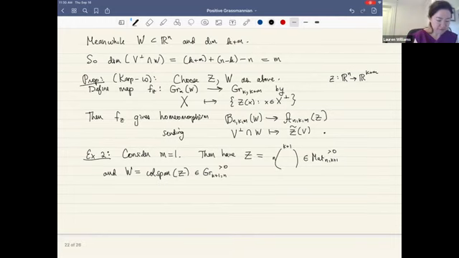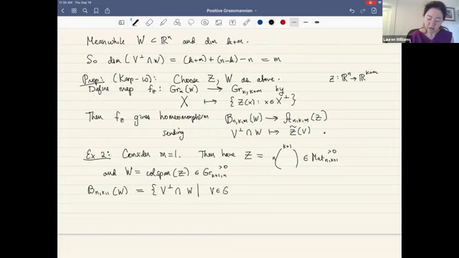And now, what's our definition of the B amplituhedron? Well, this is just the set of all things of the form V perp intersect W, where V ranges over all elements in the non-negative Grassmannian. And this lies inside the Grassmannian of 1 planes in W. So this is just the projectivization of W.